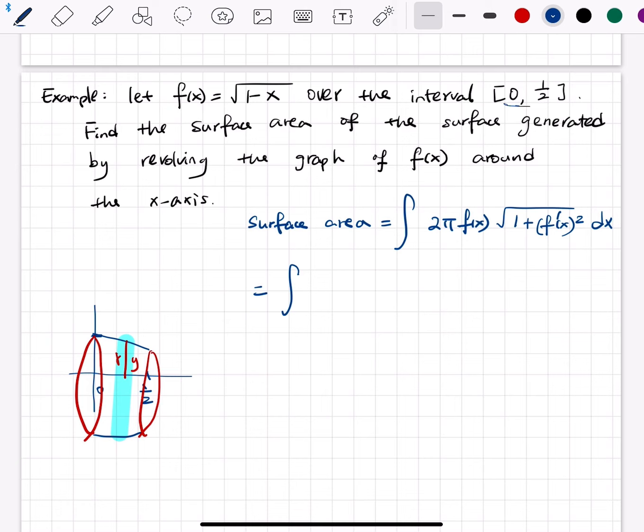And because of that, we're going to use 0 to 1/2, because those two are the x values, of 2 pi y, which is the square root of 1 minus x, multiplied by the square root of 1 plus the derivative of the square root of 1 minus x, squared.